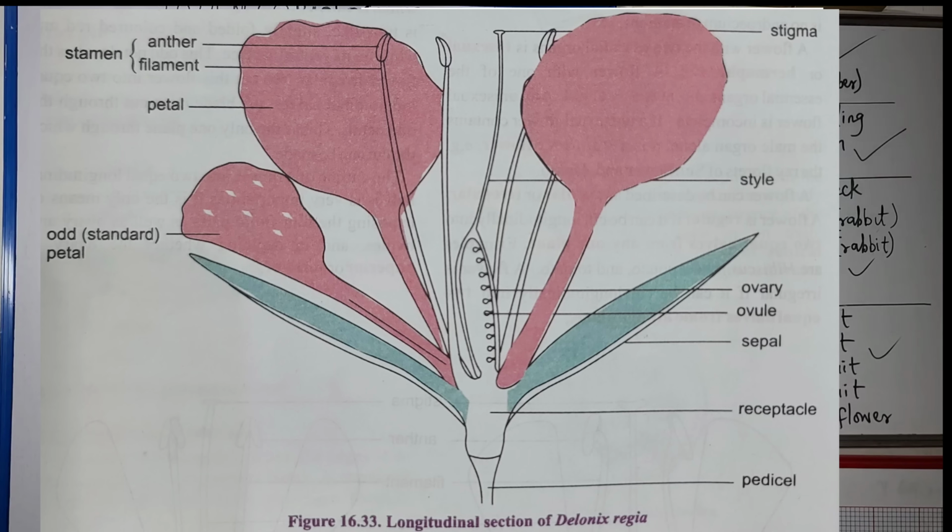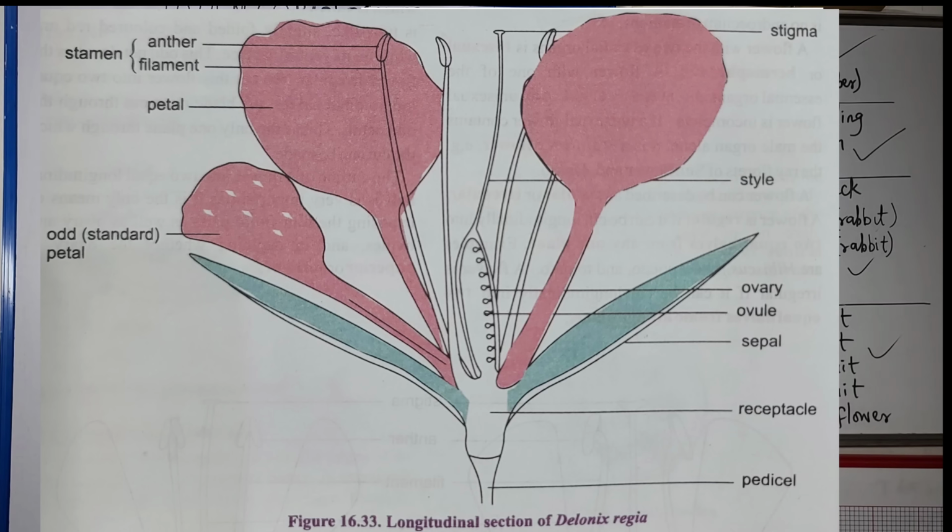When they tell you to cut into half, it now means that the sepal is going to reduce from 5 to about 2 or 3, and the petal is going to reduce from 5 to about 2 or 3. Even the filament is also going to reduce.